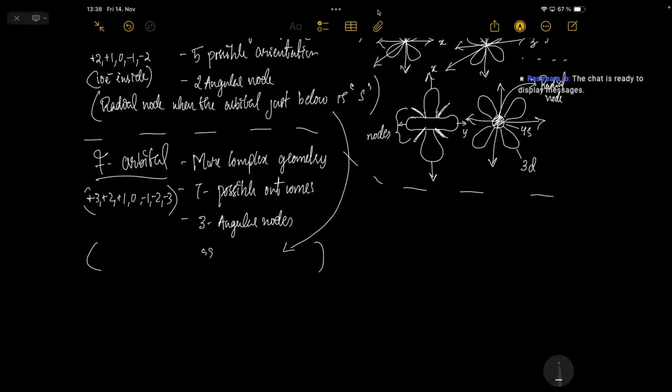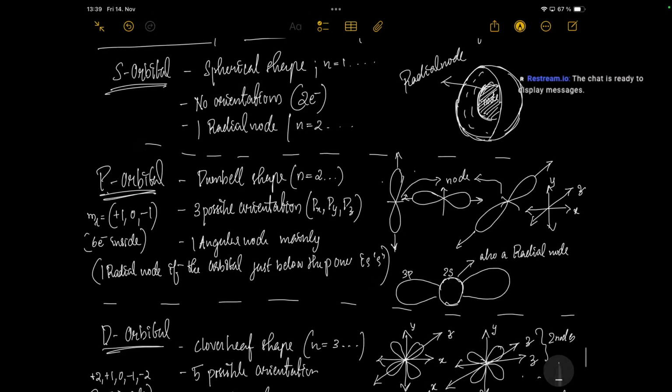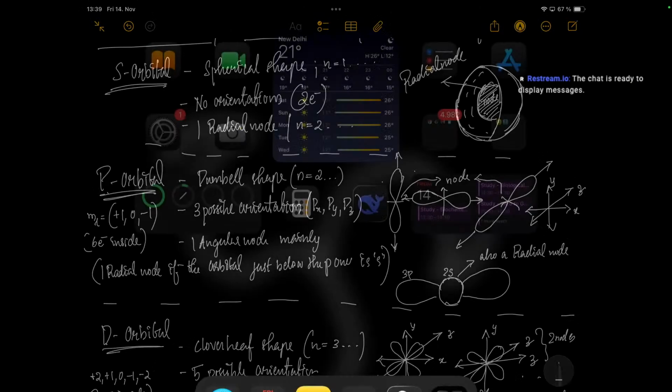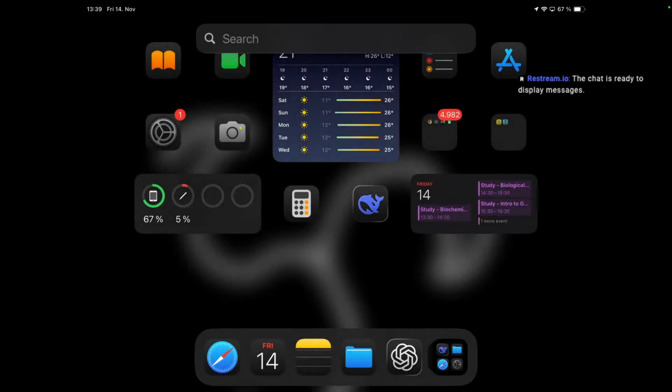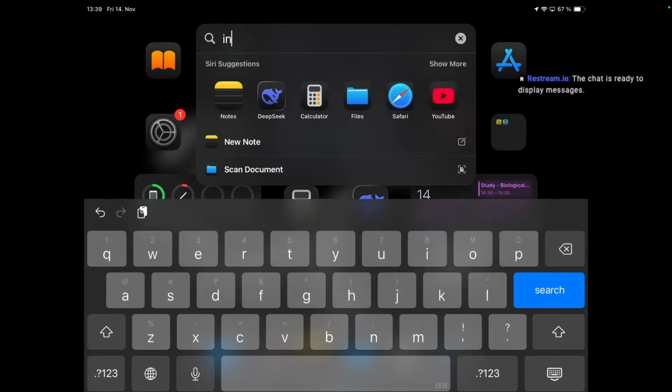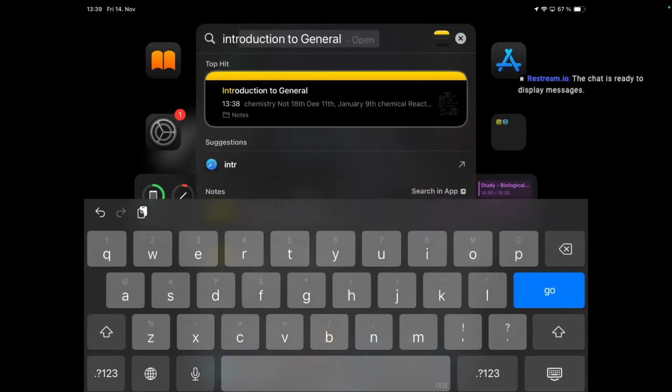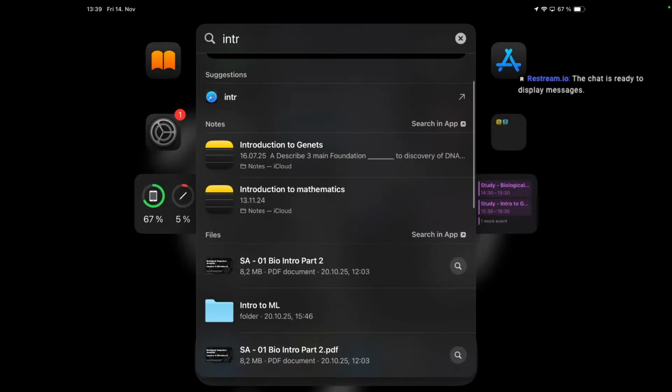I gotta show the f orbital, just a minute. How do I get access to the f orbital? No, not that one.